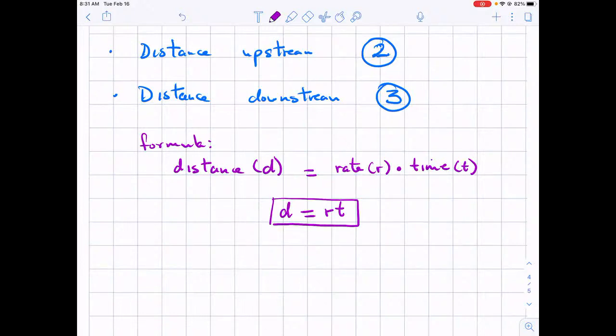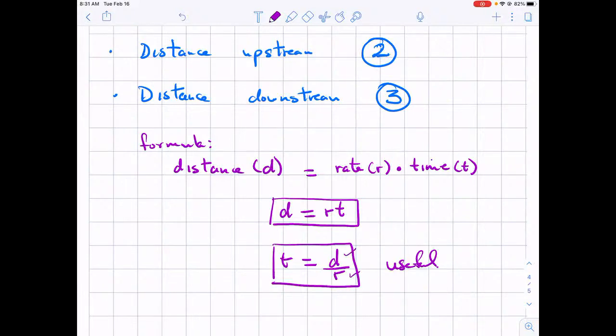If you solve this equation for t, dividing both sides by r, you will notice that t is equal to d over r. This is very useful for us. We can use this to fill in the table because we have the distance and we have r.